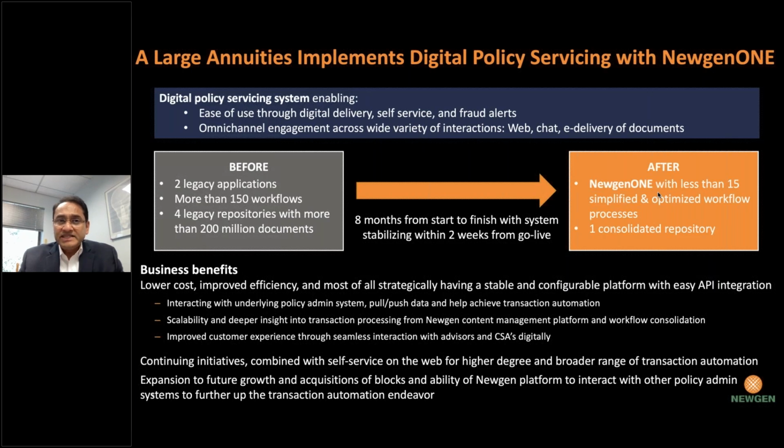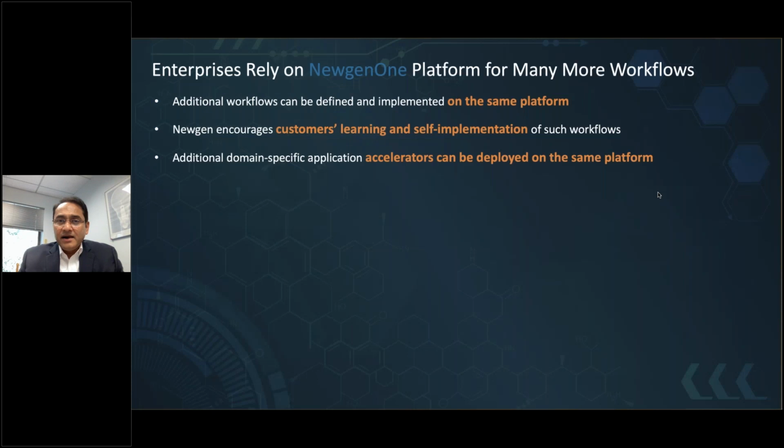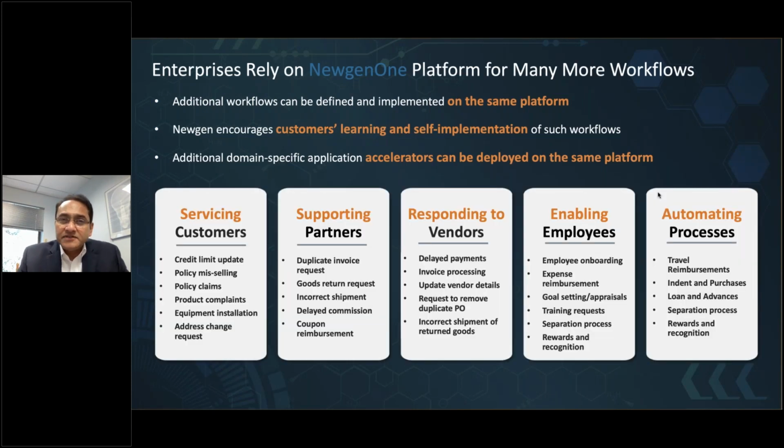So if you really see on this Newgen One platform, it is not limited to one set of stakeholders or participants or constituents, to help and to serve their needs. It includes customers, it includes partners, it allows you to respond to your vendors, your internal employees, starting from onboarding to their various HR and admin related processes, and then of course your internal processes concerning those employees.